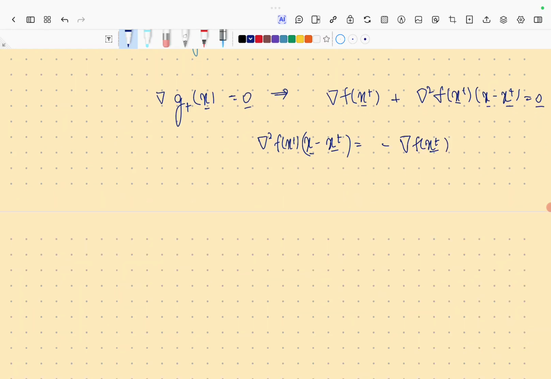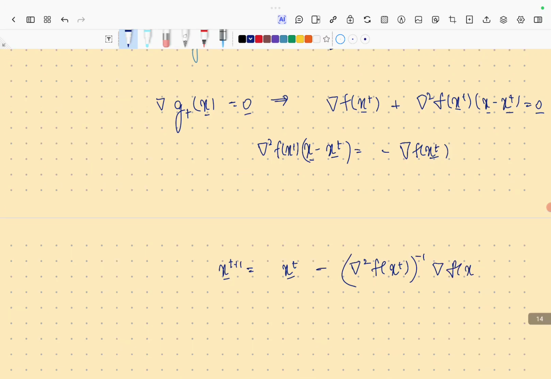F of xt, so x t plus 1 is equal to xt minus the inverse of the Hessian times the gradient.